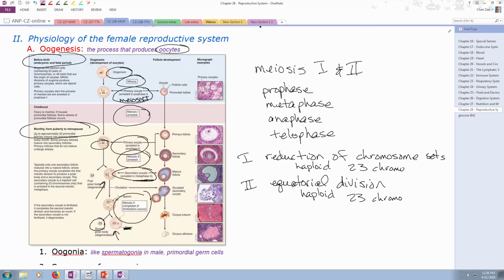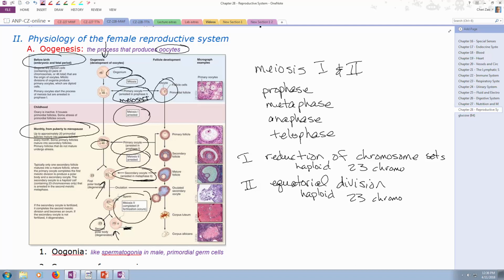So we talked a lot here about this line, the oogenesis process. Now let's switch over to the right-hand side of this and take a look at what is happening at the same time in the ovary. Remember, the oocyte is the thing inside the follicle, the very center where DNA is located.